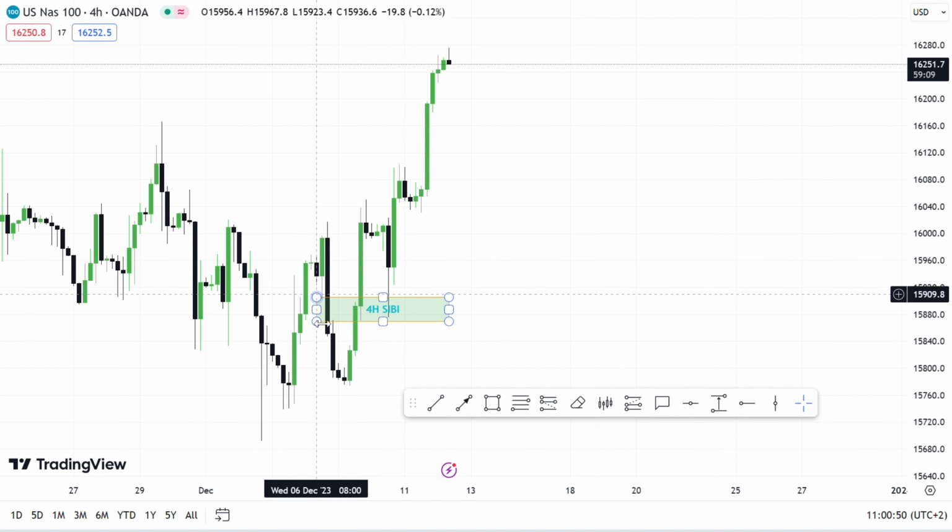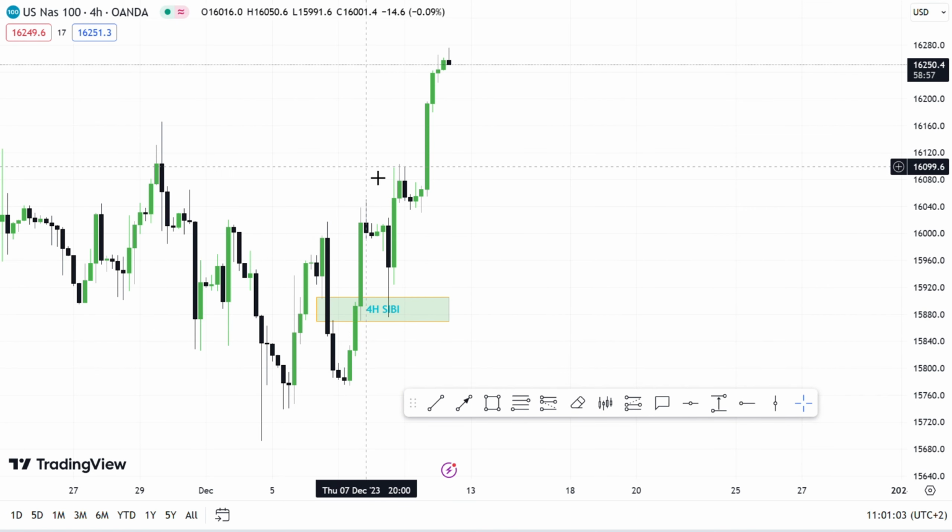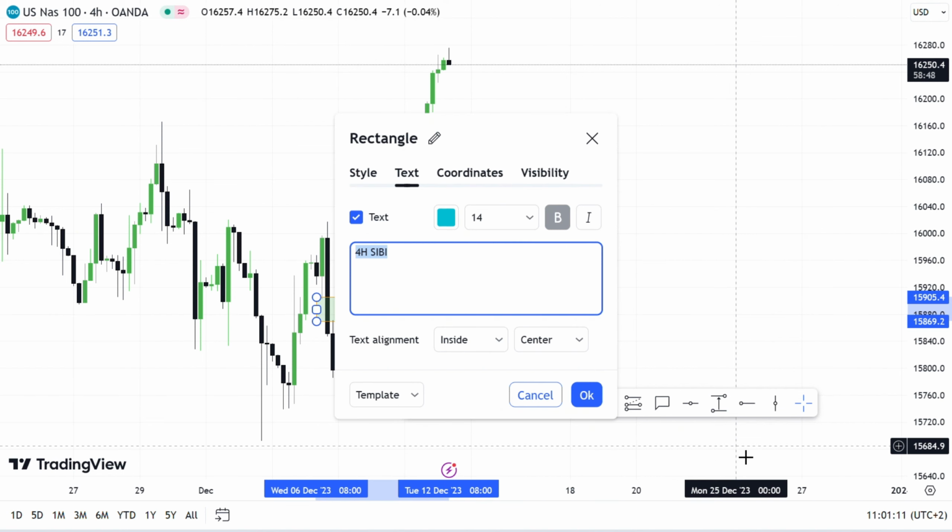But we still call it a SIBI because it was a gap. So what do we do with this gap? We wait to see how price reacts off it. And as you see, price bounced off it, went higher. So after it was violated, after the candles closed above it, it changed from a SIBI into a 4-hour inversion fair value gap.